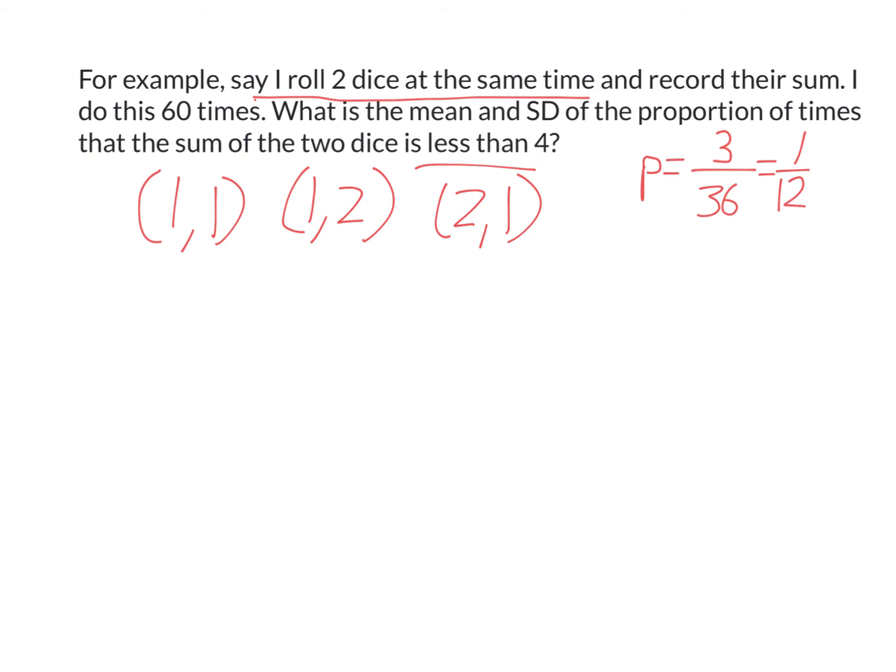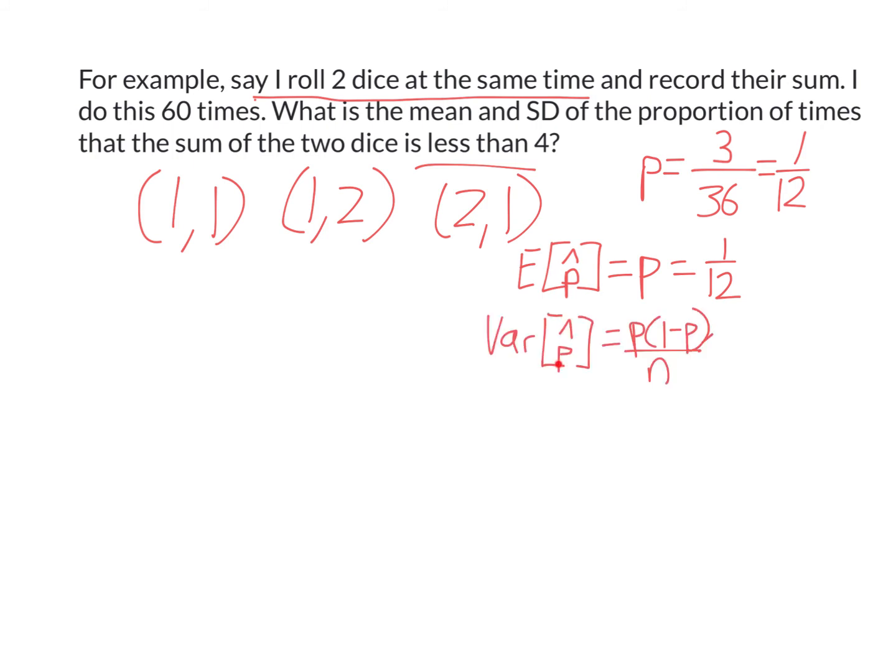This question is asking us to calculate first the expected value of p-hat. Remember from the previous slide, that's just p, so here it's 1 over 12. If I perform this experiment 60 times, I expect that 1/12 of the time I will get a sum less than 4.